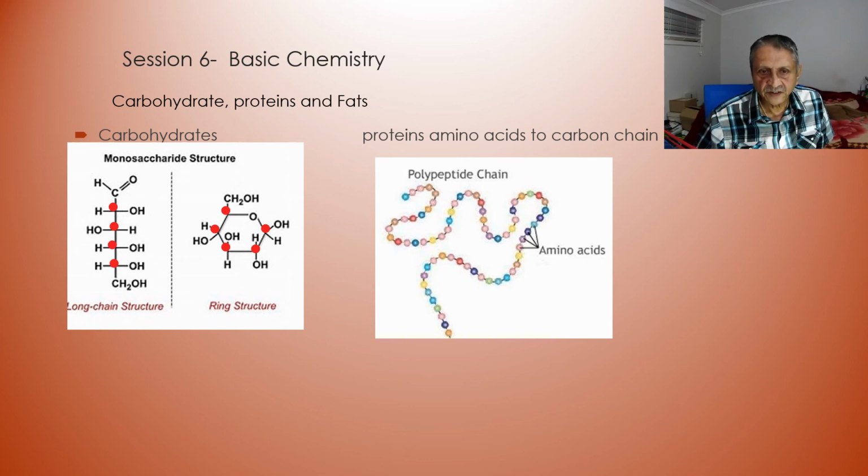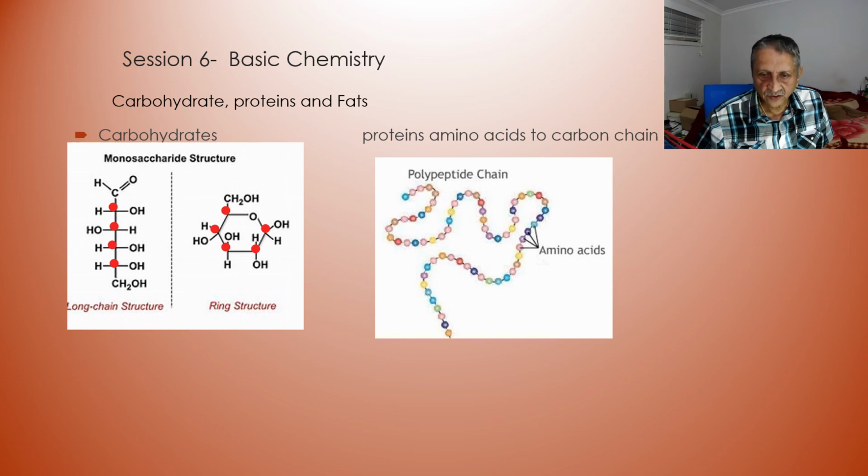Now in the second picture, the amino acids, we find that there are 4 different colors. That means there are 4 different types of amino acids. Each of them is a simple 4 carbon chain which contains an amino grouping, which is an NH2 grouping.